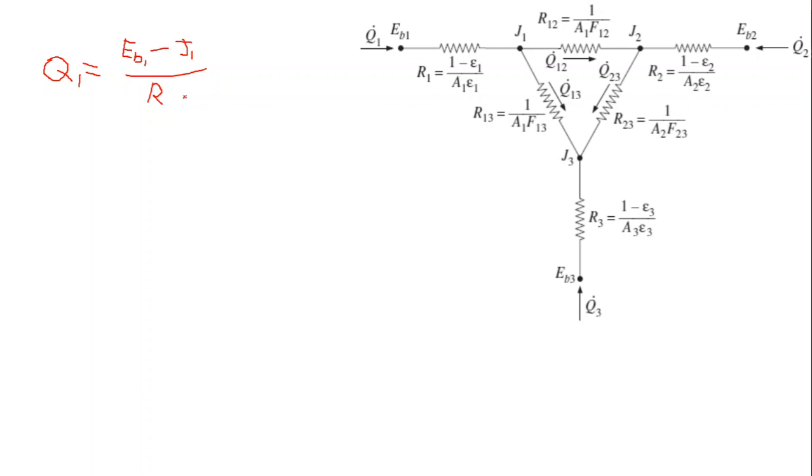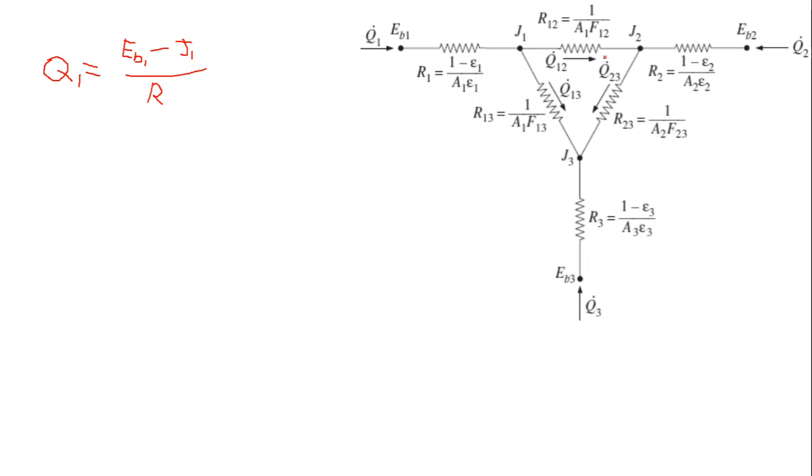Because J1 is a point, it cannot absorb any heat, so whatever heat comes from EB1 won't stay back at J1. That Q1 will be transferred to J2 and J3.